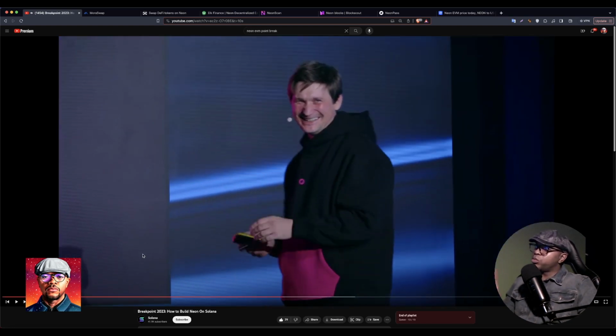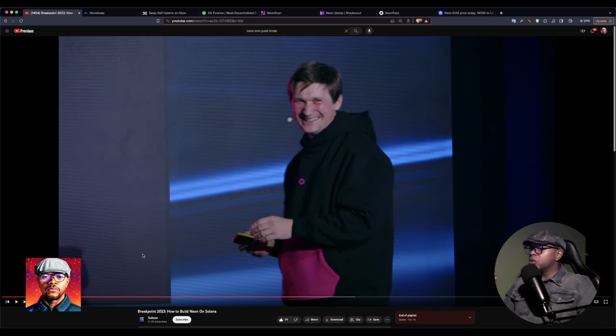Through this bridge partnership, which is basically creating this interoperable environment for Solana, right? Through Neon EVM, now Neon EVM can tap into liquidity from other chains as well as programmability for dApps and whatnot.